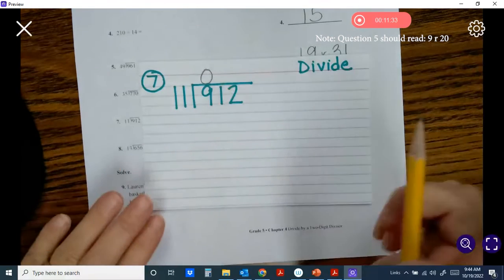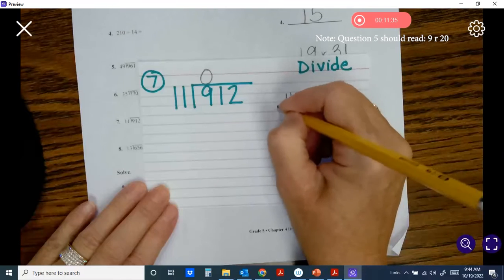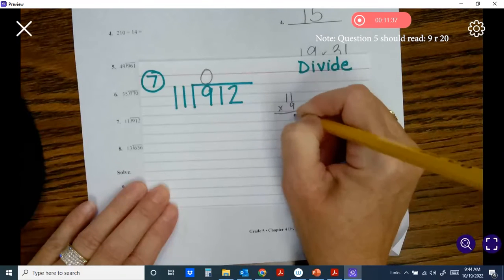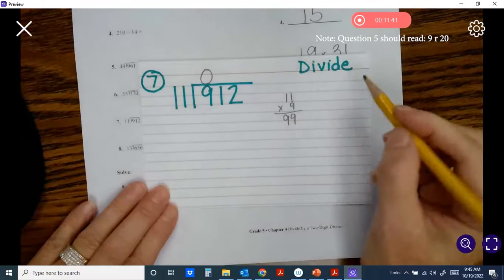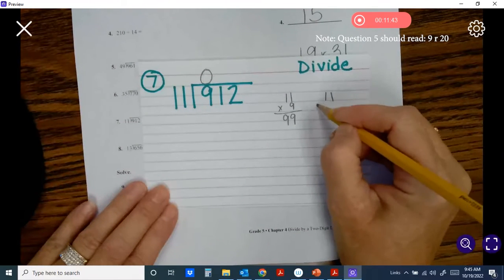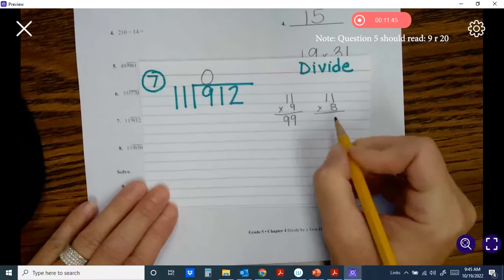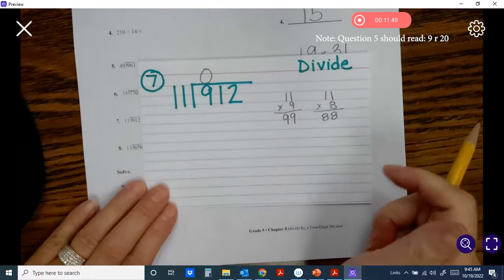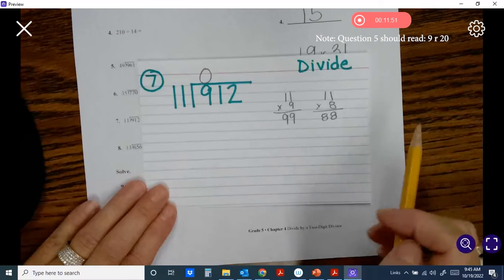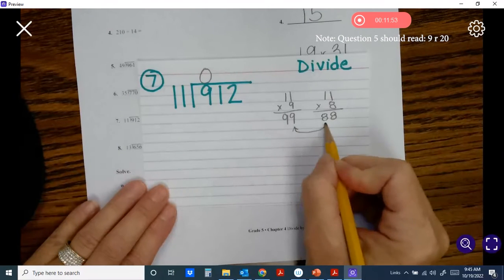Now I'm going to illustrate something here to you. 11 times 9 equals 99. Obviously that's not going to work, so I just go down 1. And that equals 88. So if you use the cover-up method, you will get the answer in 2 guesses.